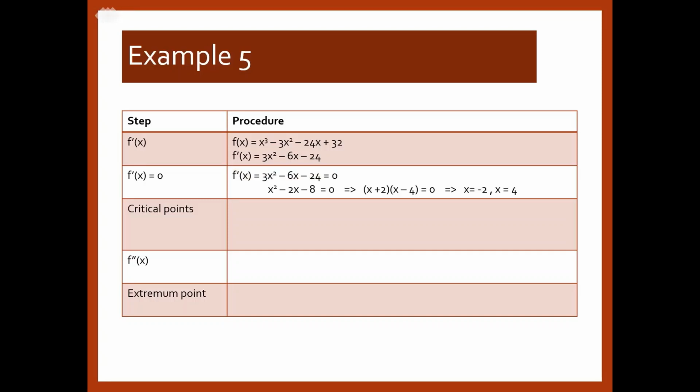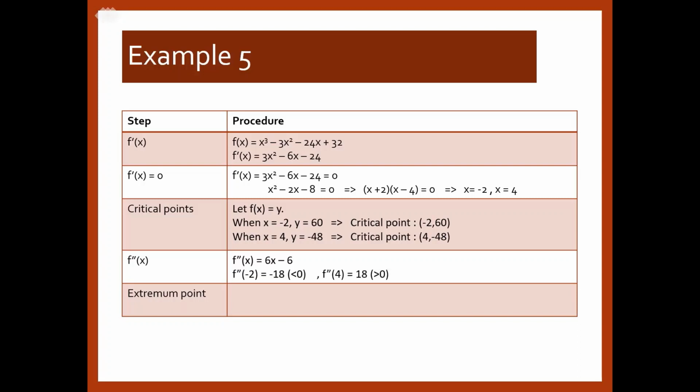By letting f prime x equal to 0, you will obtain x equal to negative 2 and x equal to 4. Substituting the x values into the function, you should get two critical points, which are (-2, 60) and (4, -48).